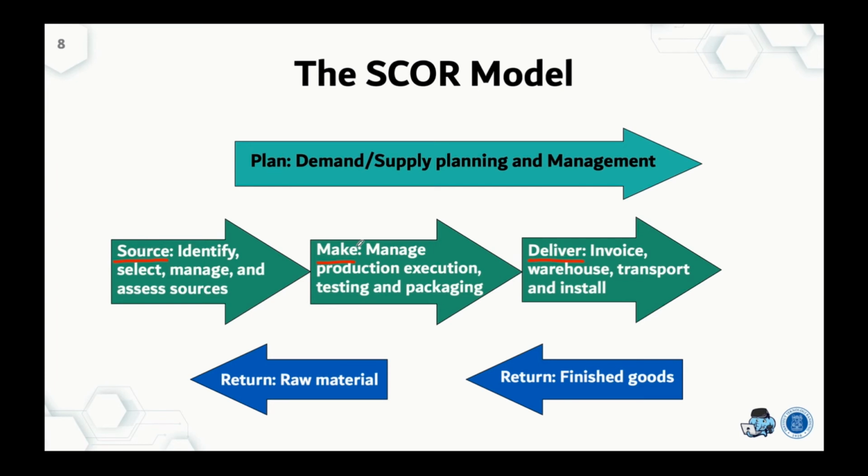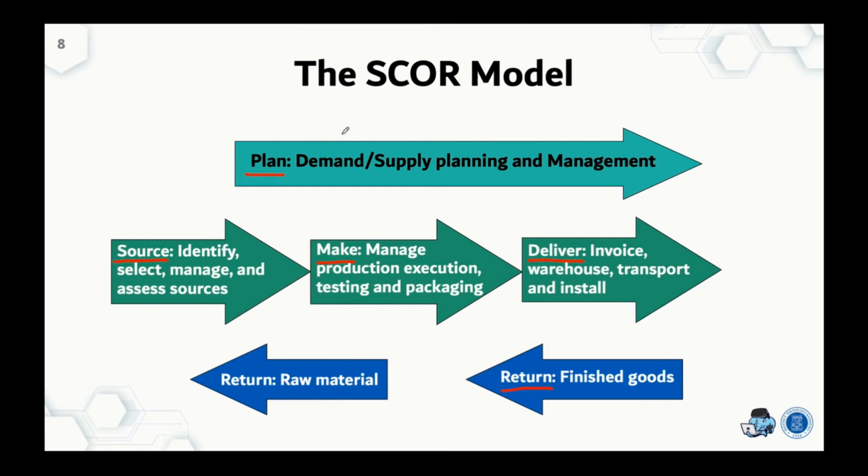In order to source, make or produce, and deliver, we have to be able to plan the demand and supply chain in the future, and for return, we have to manage the return.